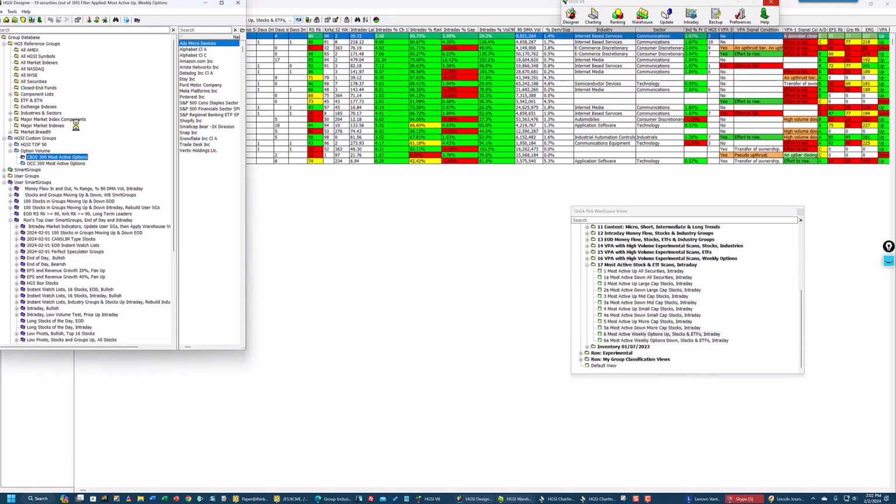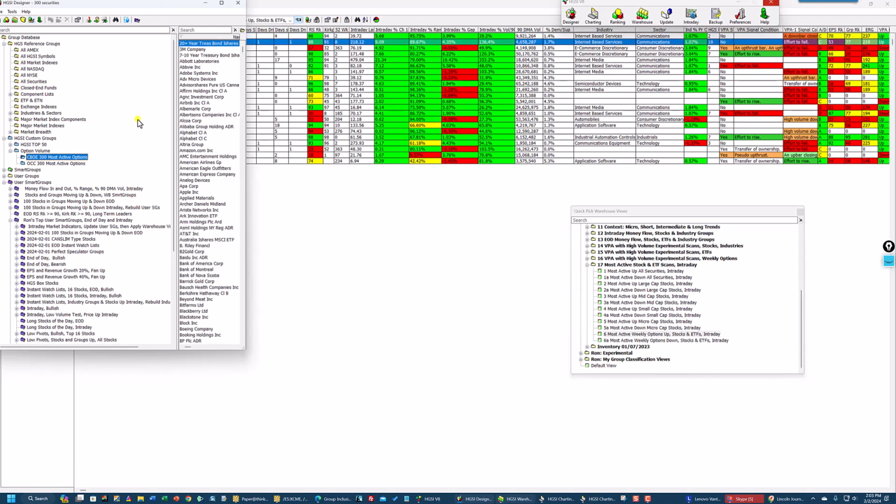Let me take the filter off of that. On the CBOE and then the Options Clearing Corporation. So it's going into both of these folders, and there's about 300 in each one, and it's looking for the most active. There are 300 in here and 300 in here.